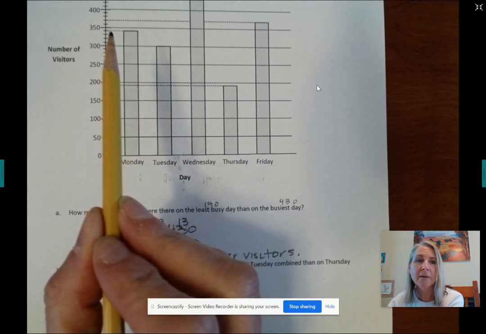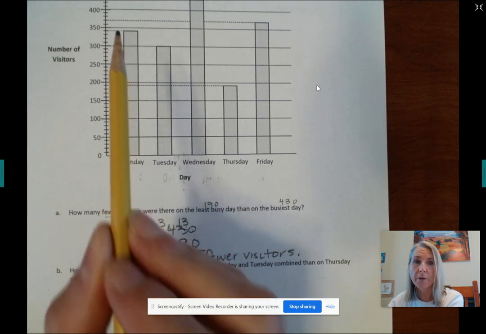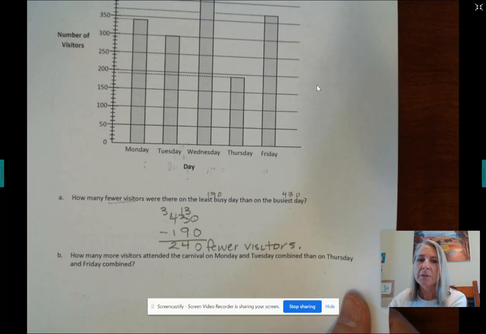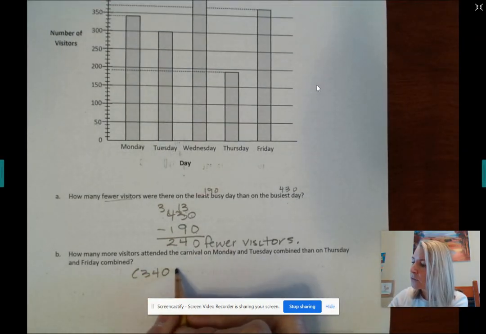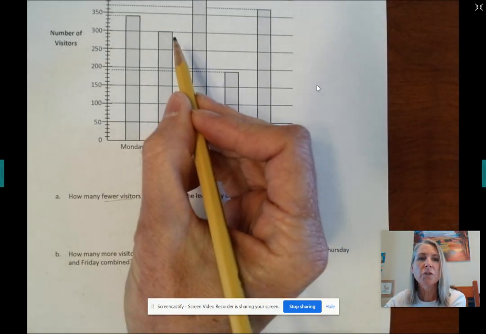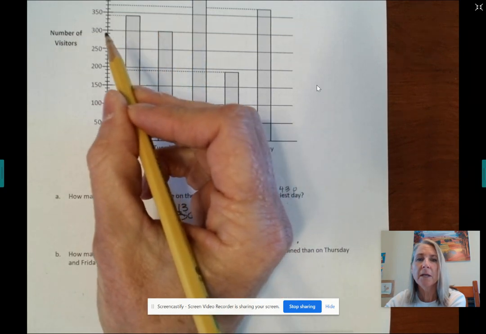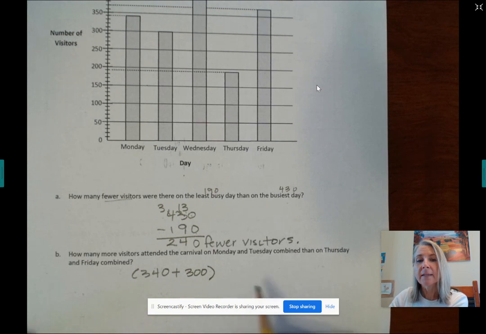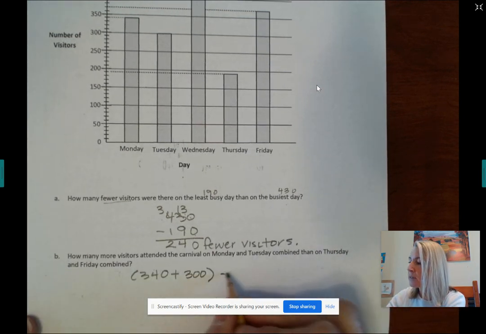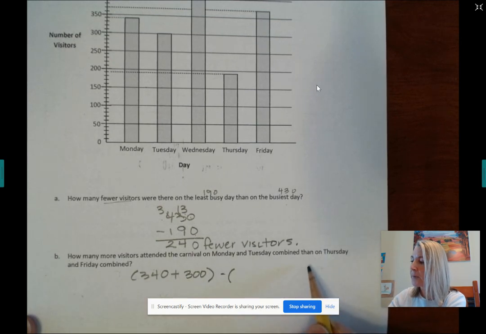So I need to go down 10, which would put it at 340, right? So I would take my 340 and add it to my Tuesday, which hits right at that 300. And then we're asking for a difference, how many more than this one. So I'm going to subtract and then set up my Thursday, Friday.